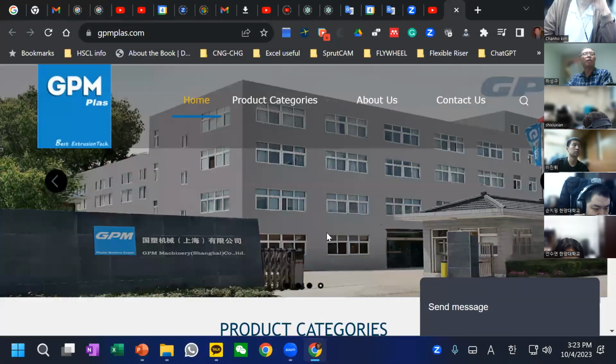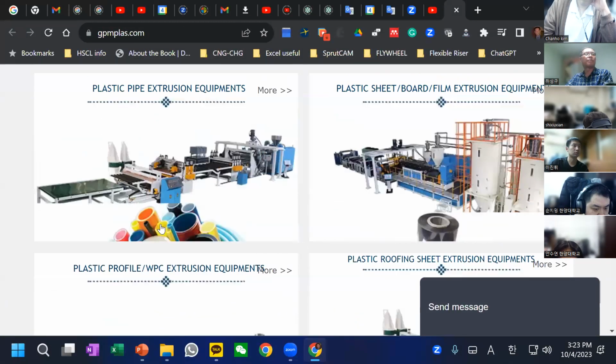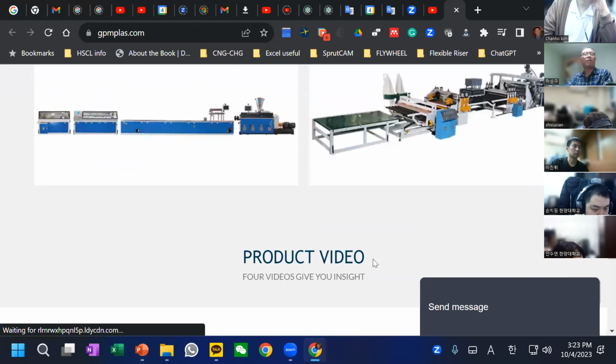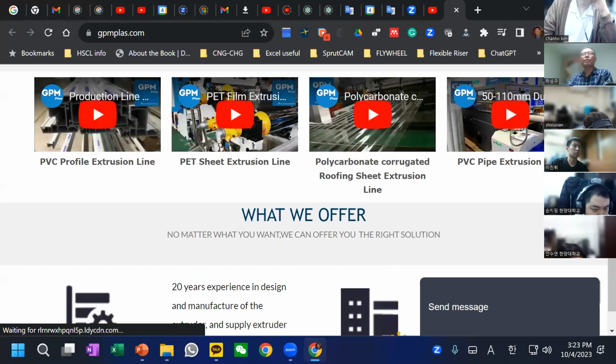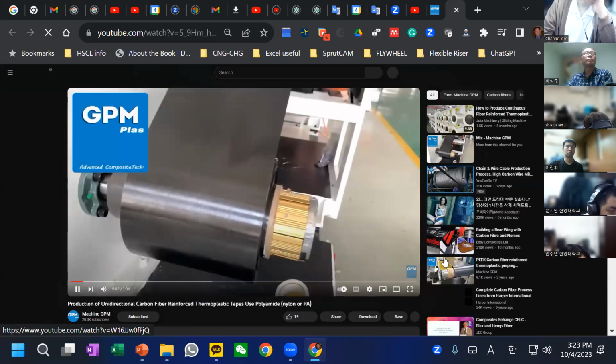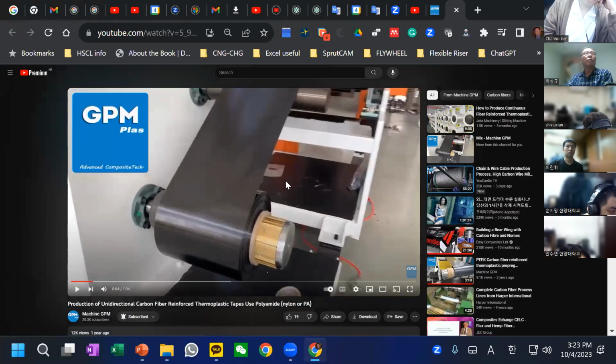We have to do multiple steps to make well-spread fibers. But this is one of the final forms of the production of unidirectional carbon fiber reinforced thermoplastic tapes.